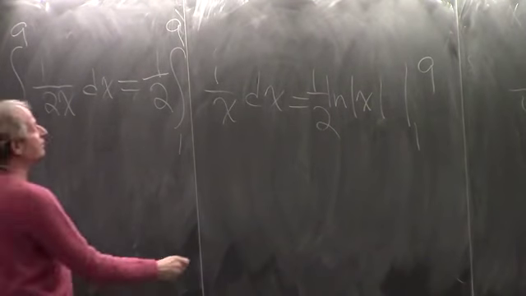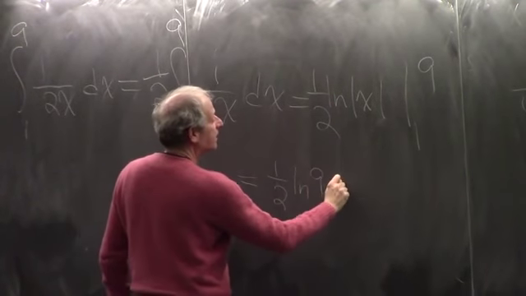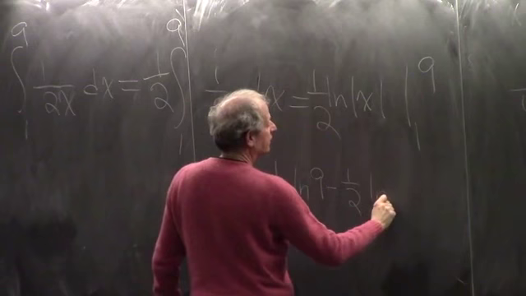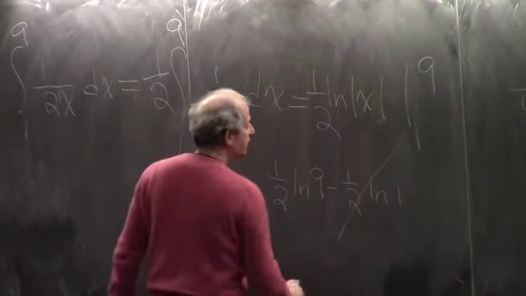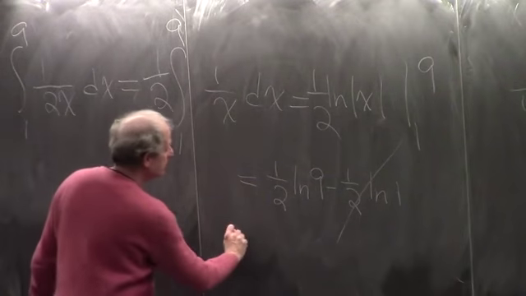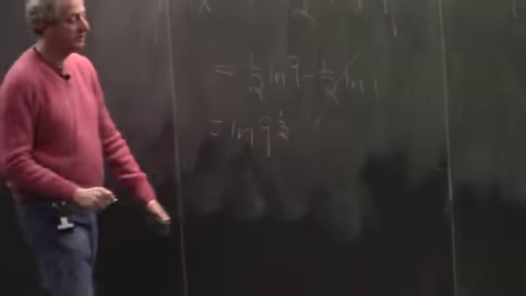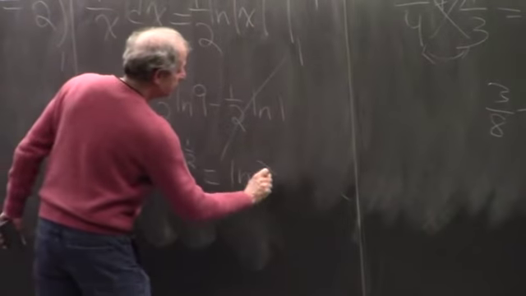So that's 1/2 log 9 minus 1/2 log of 1, and the log of 1 is 0. So it's 1/2 log 9, also known as the log of 3. Okay? Either answer would be fine. You know why it's log of 3? You put the half back up, and that's the square root of 9. Square root of 9 is 3.